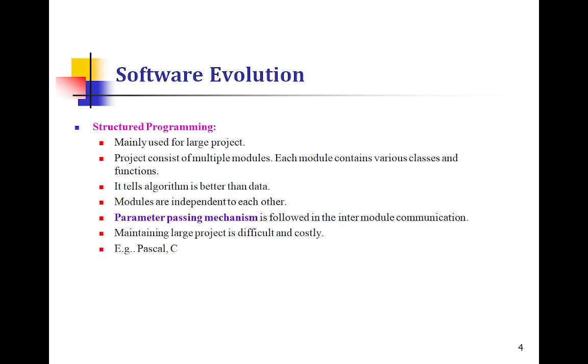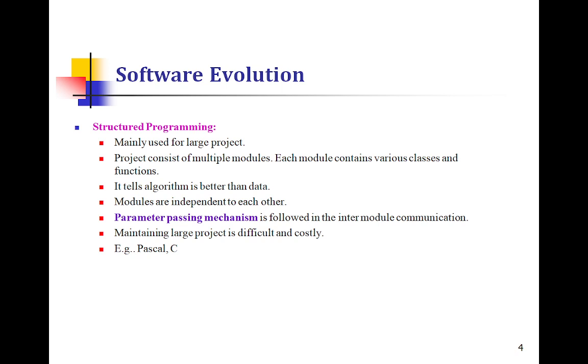Then the next one is structured programming. It is mainly used for large size projects. As we have already discussed, when we do any kind of project, it is divided into a number of modules based on the size of the project. If the project size is very huge, it is not possible to do it in a single stretch.